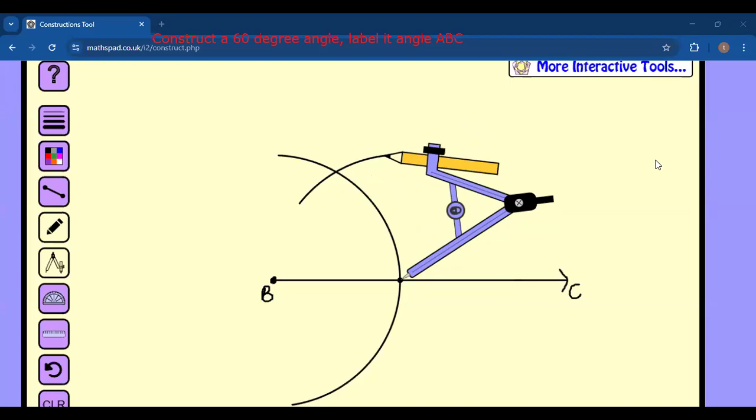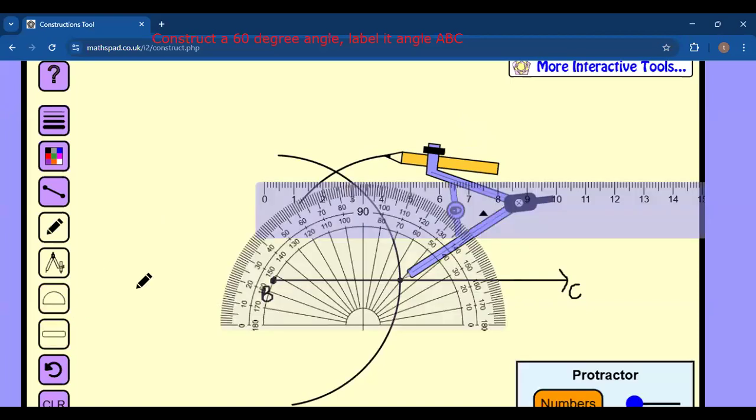Okay, good. Then after that, we're going to do what? Get a ruler. One second, class.